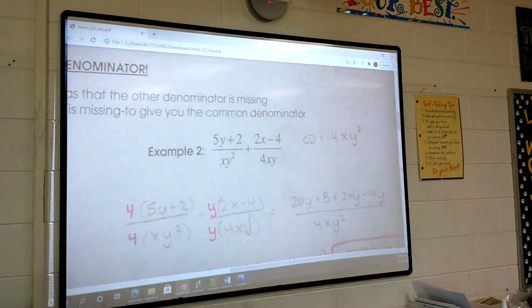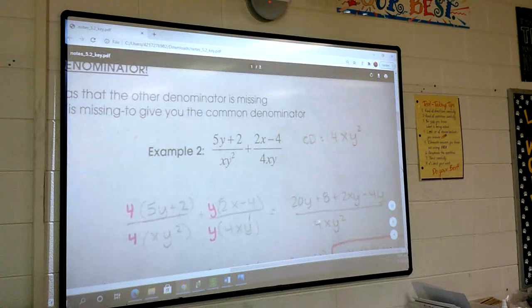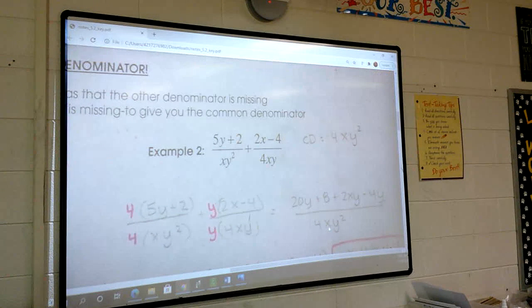So you end up with 16y plus 8 plus 2xy over that common denominator. It gets a little confusing when you have all the x's and y's, but you can do it. So again, this is your final fraction, but you want to simplify your like terms. Simplify 20y minus 4y to give you 16y right there.